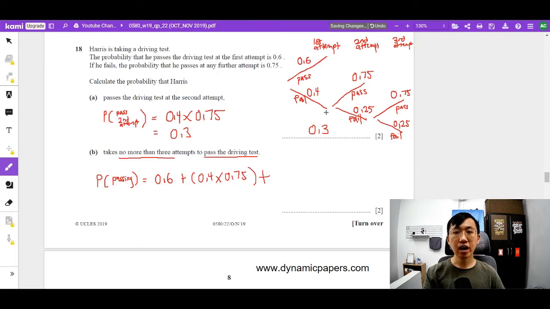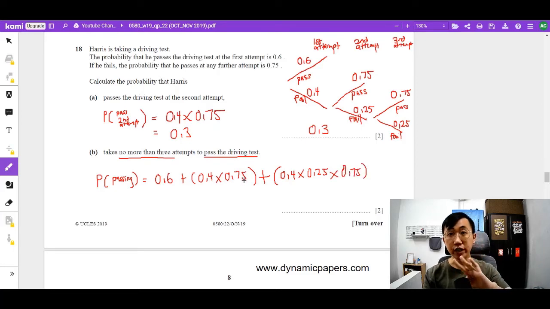So fail 1 time, fail the second time, and pass the third time. So you go through this: 0.4 times 0.25 times 0.75. Carefully follow your tree diagram. There are only 3 possibilities for him to pass the driving test in no more than 3 attempts.